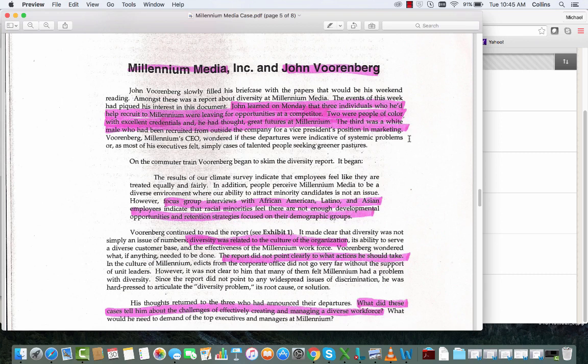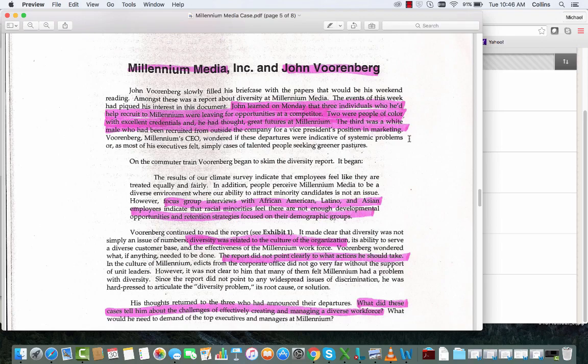So right away, you're led to conclude that this is a bad thing. He's worried about this, that talented people are leaving his company. 2 that provided some diversity and talent, and 1 was just somebody who was being groomed for a top spot.